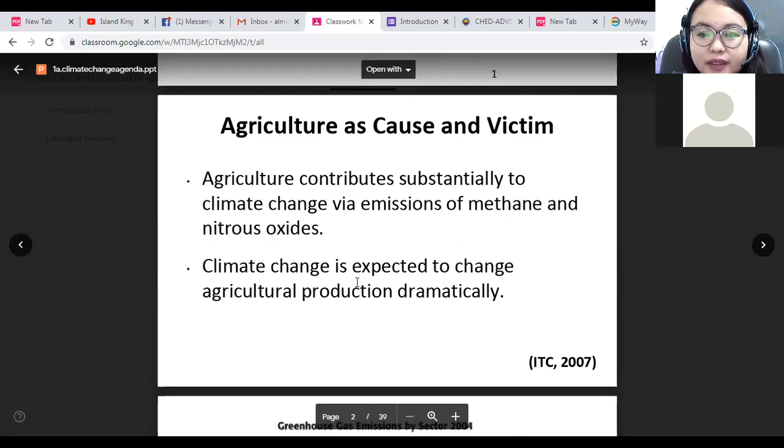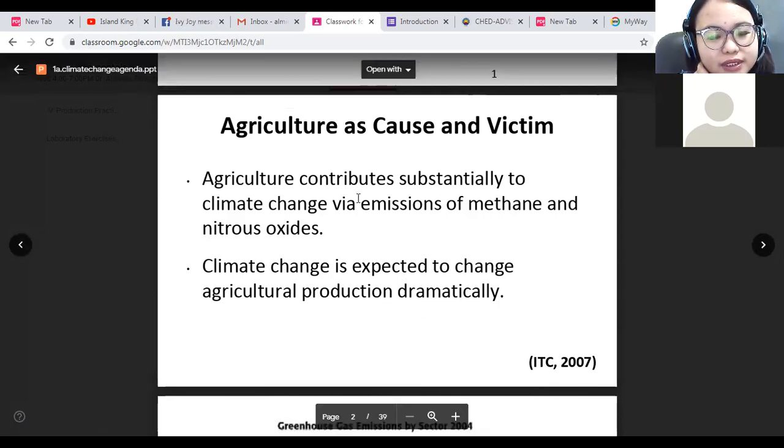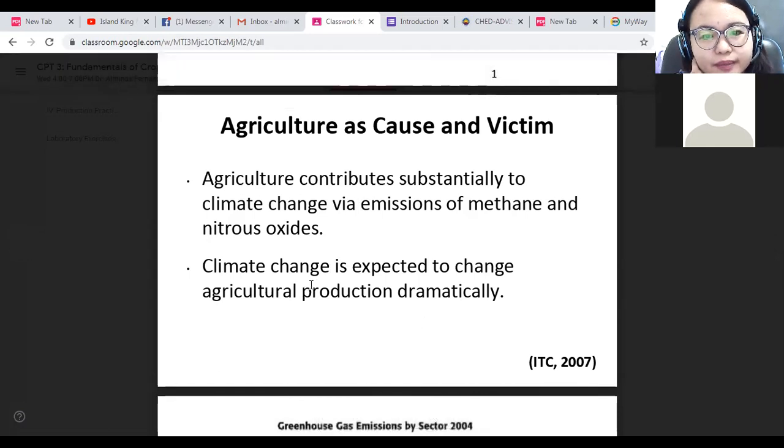Do you know why, Oliver? Why is agriculture both a cause and a victim? Yes or no: do you believe that agriculture is also a cause of climate change? Do you agree with that?